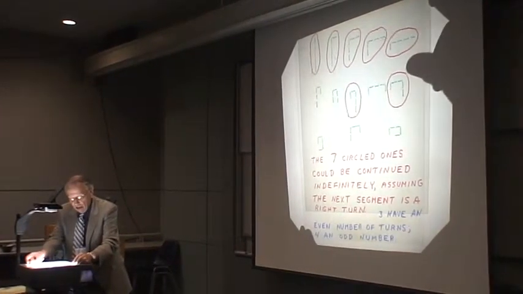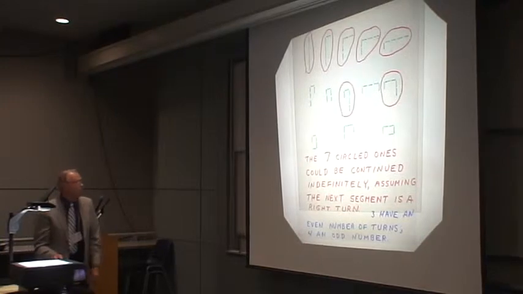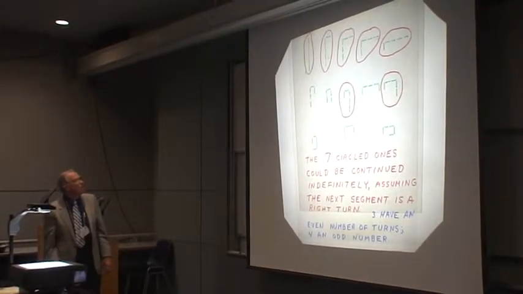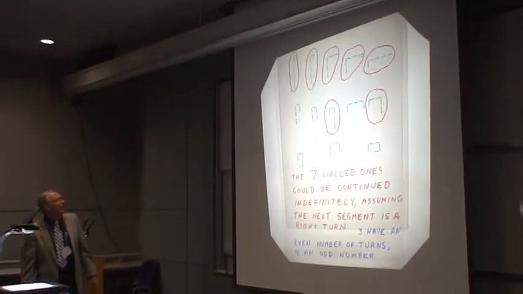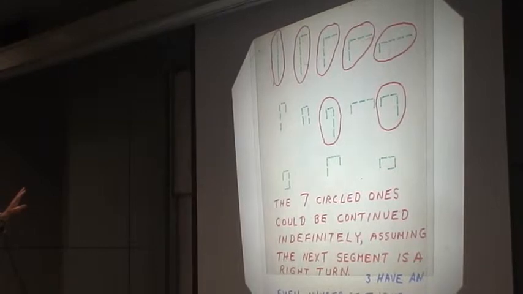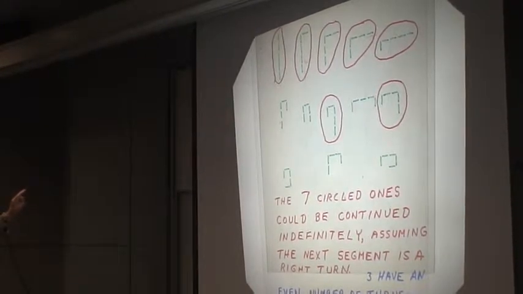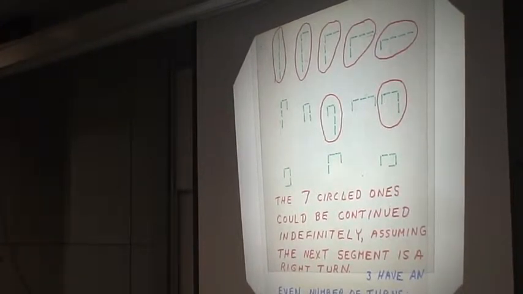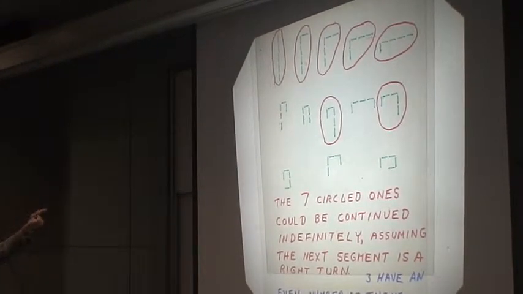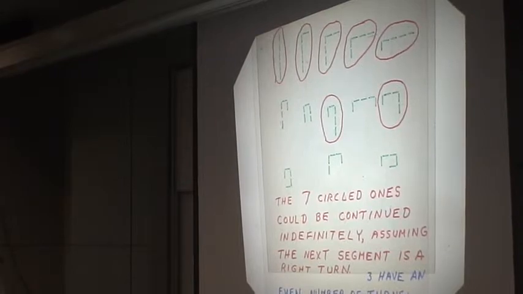Namely, 3 of these have an even number of turns, and 4 have an odd number of turns. The first one has no turns, and the last 2 have 2 turns. The second, third, fourth, and fifth have an odd number of turns, namely 1.